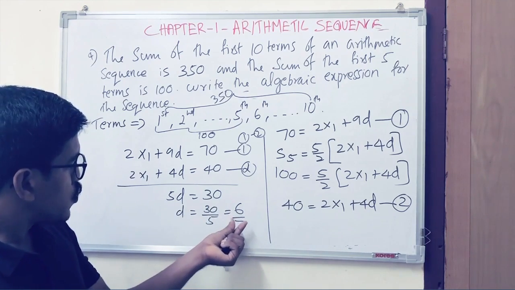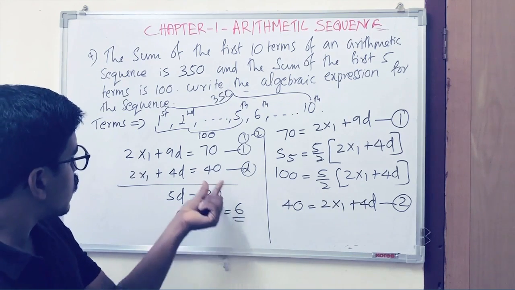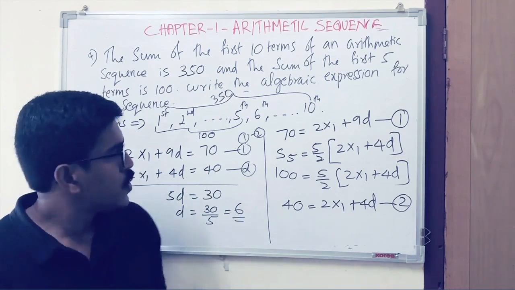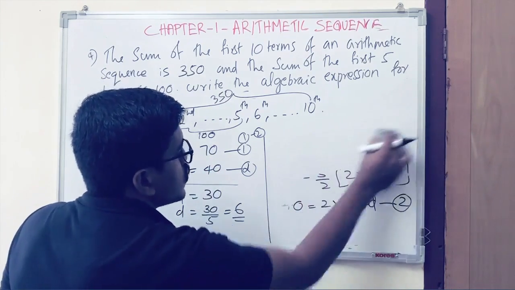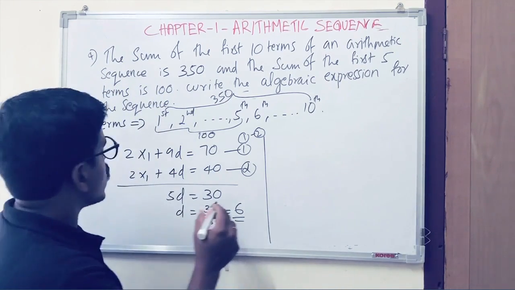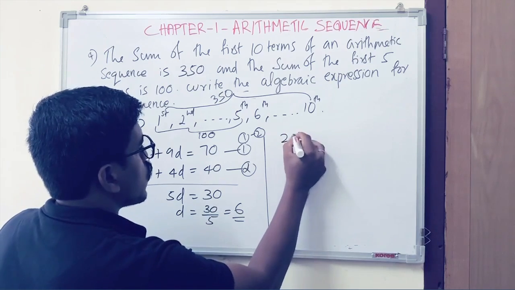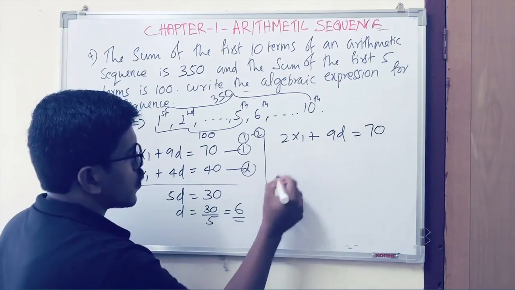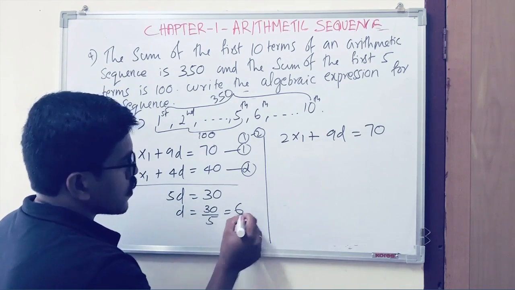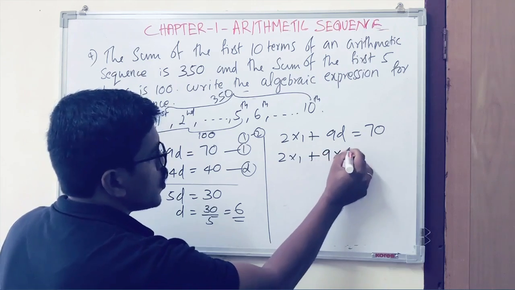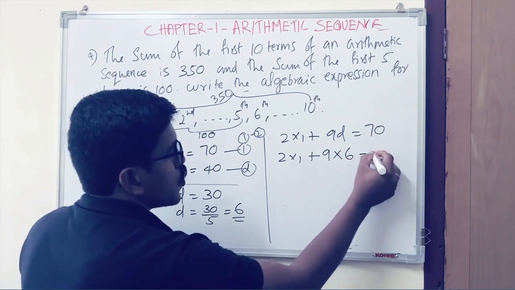Now we apply this common difference in either of these equations, and then we will get the first term. Using the first equation, 2x1 plus 9d is equal to 70, and applying the common difference, 2x1 plus 9 into 6 is equal to 70.